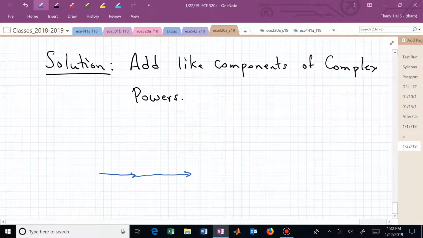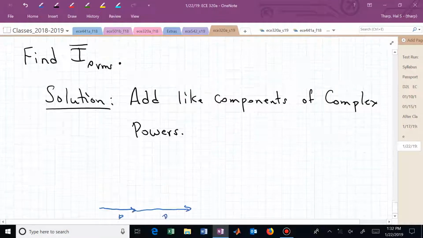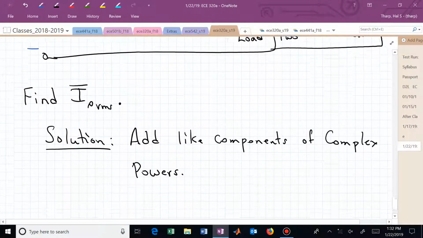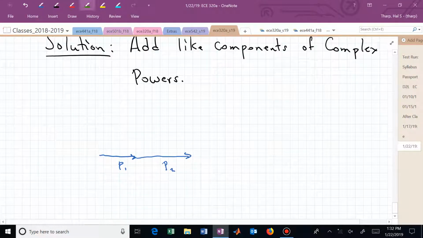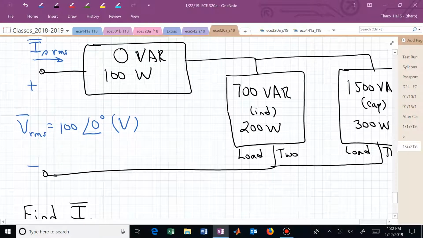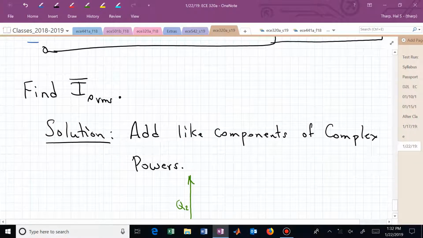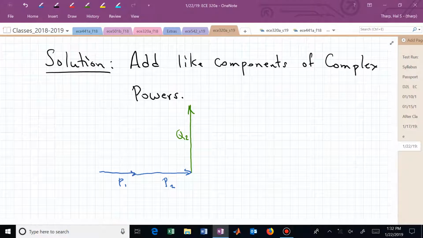So this was now P1, this is now P2, and we had 700. I'm not going to draw this accurately, but now we had a reactive component that was 700. Then P sub 3 had a real part of 300.